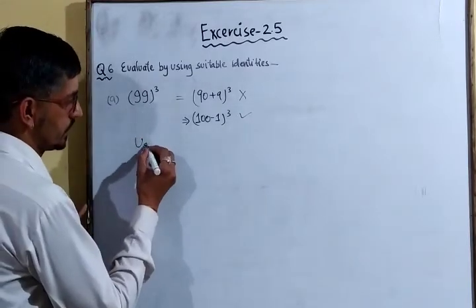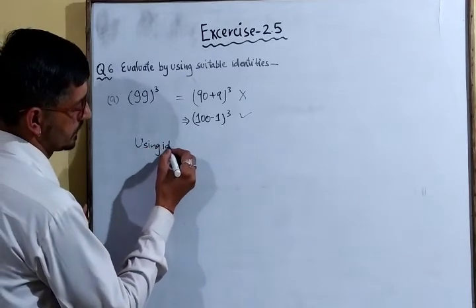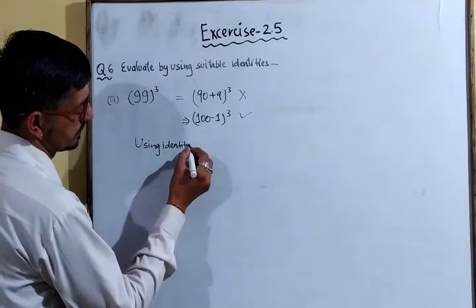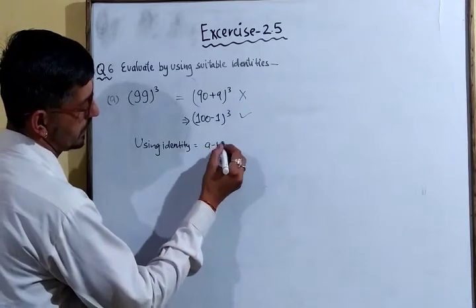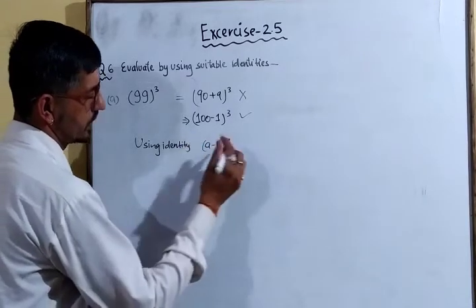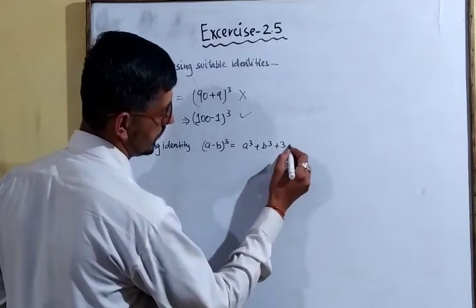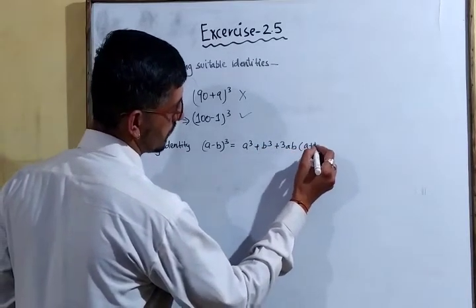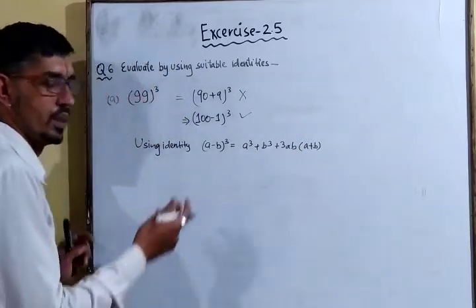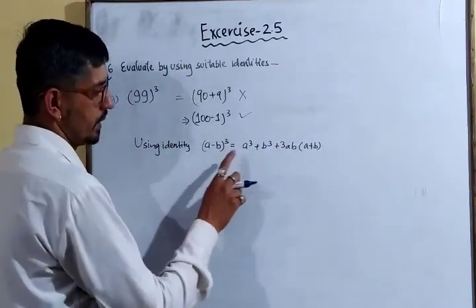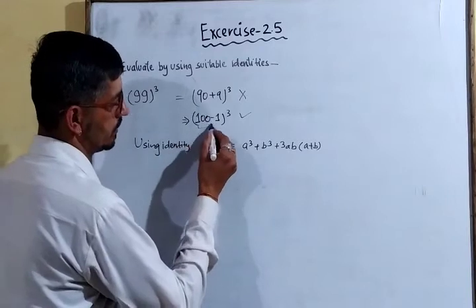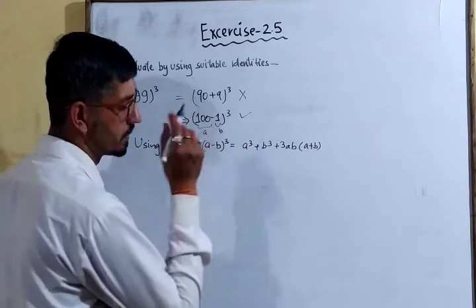So at last what we will do, using identity a minus b to the power 3 is equal to a cube minus b cube minus 3ab into a minus b. Okay, we will use this identity. In place of a we will put 100, and this is b.